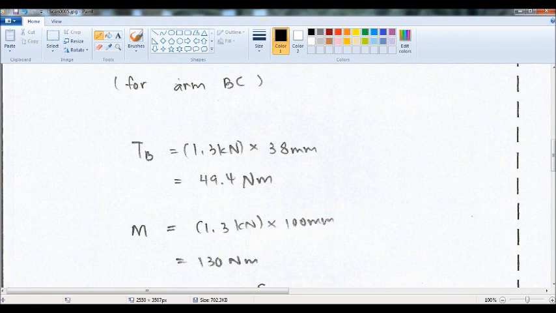Okay, so as you can see, the torque will be 49.4 Newton meter.